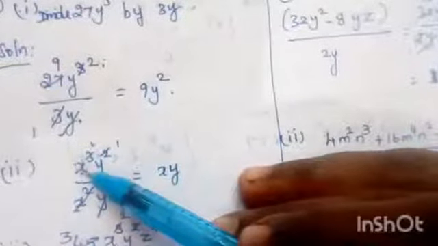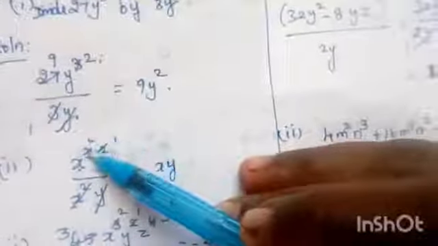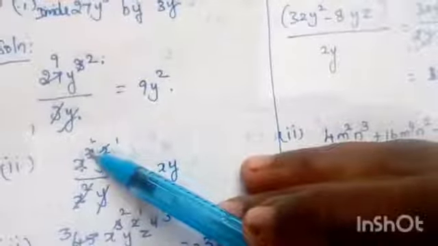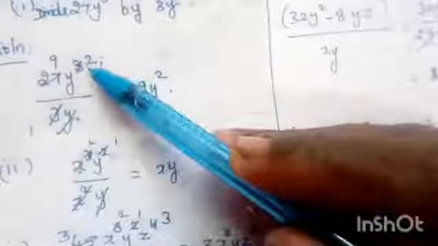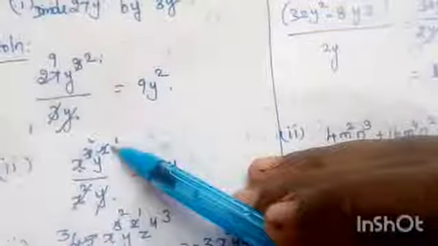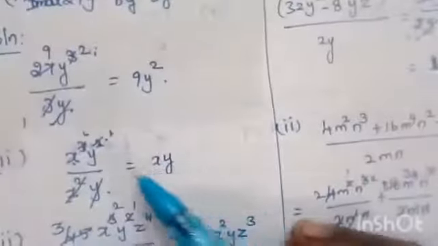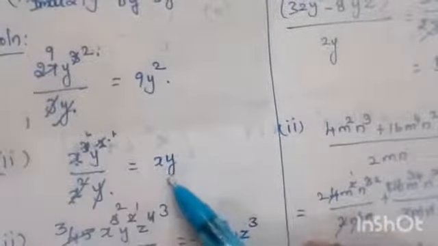You just have to cancel the powers. Here also the same way: y square and y, 1 time cancelled, so 2 minus 1 is 1. After cancelling we have xy.